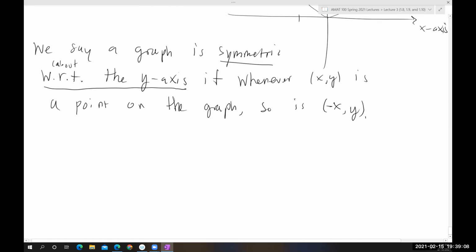We might also say about the y-axis, if this condition holds.